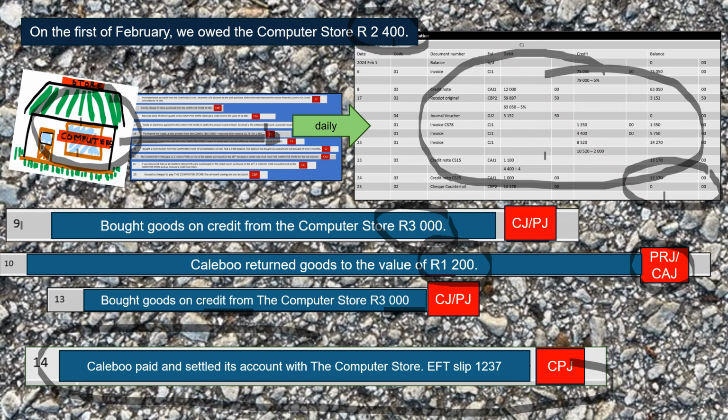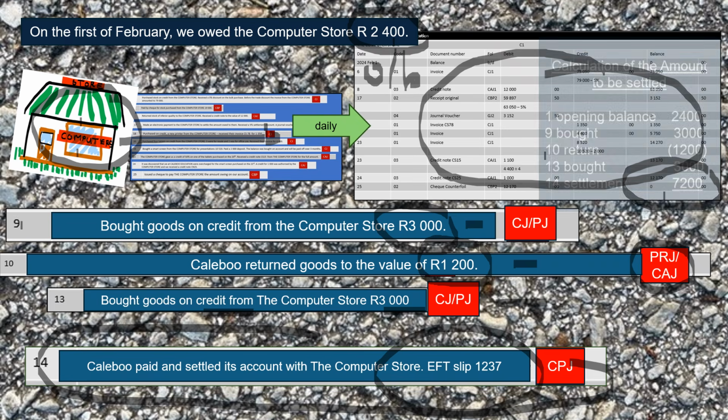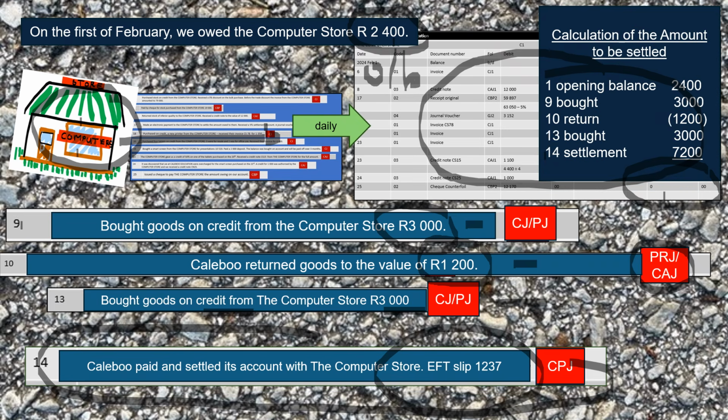So after taking into account the opening balance of 2,400, the credit purchases, the returns, and another credit purchase, we can calculate the amount that gets paid to the supplier. And there I did some workings.